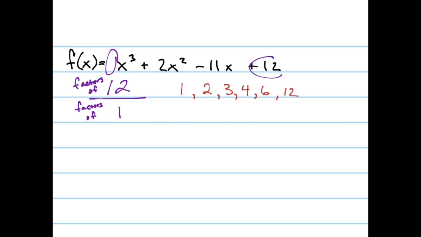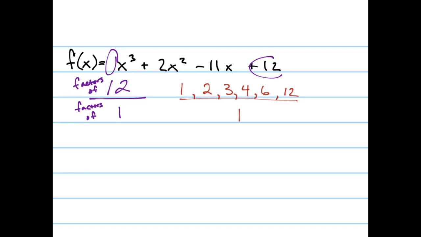The nice thing about the factors is they're symmetric. In other words, 3 times 4 equals 12. 2 times 6 equals 12. 1 times 12 equals 12. So you have to have a pair there. Are there any other numbers that go evenly into 12? Okay, you're right and you're wrong, but we'll get to that in a second. How about factors of the denominator? Nate, what are all the factors of 1? Way to go.